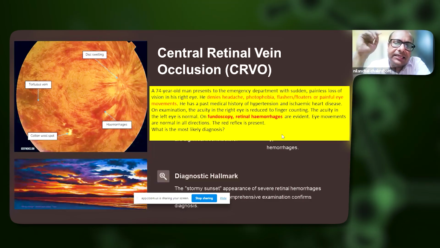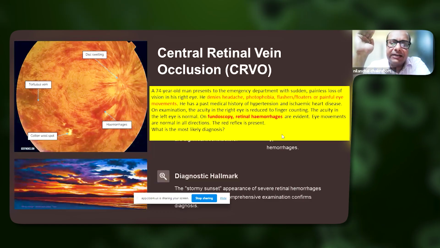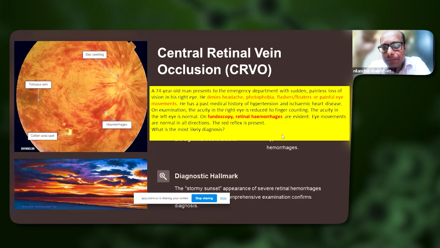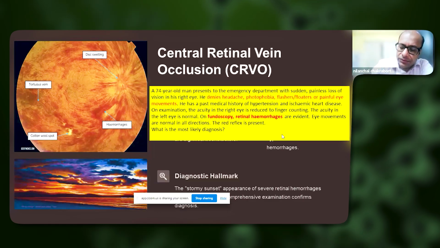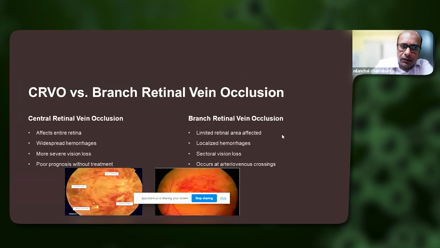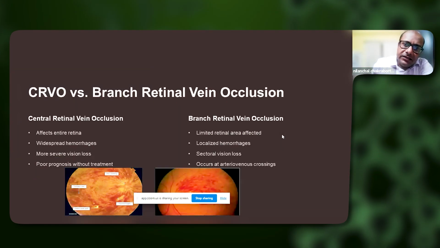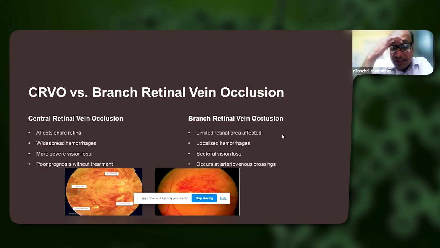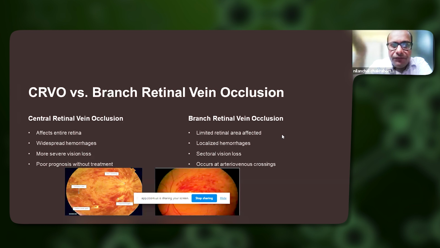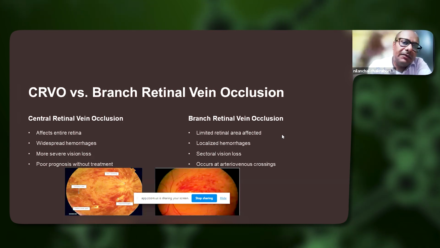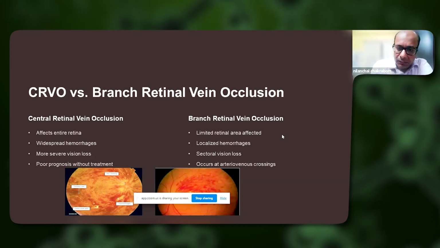So the hallmark is the stormy sunset sign for venous occlusion, and a pale retina with narrowed vessels for arterial occlusion. If it is a branch retinal vein occlusion, the same stormy sunset will be in one part of the retina, but if it is a central retinal vein occlusion, the hemorrhages will be all over your ophthalmoscope view.